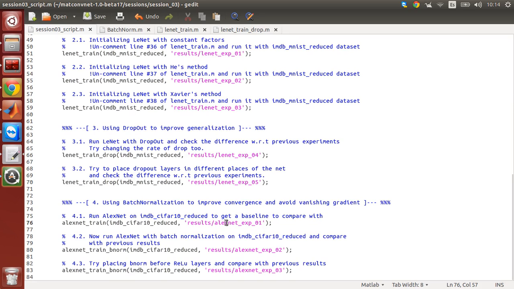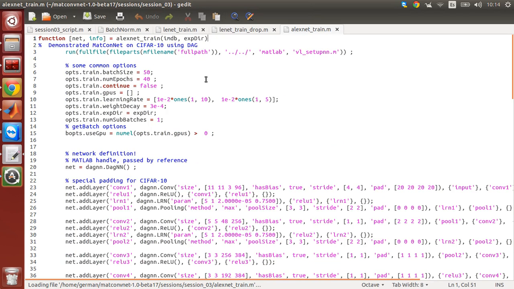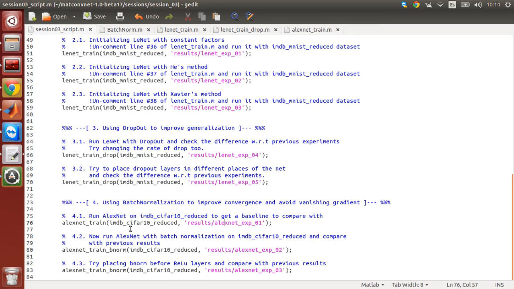So I'm going to see batch normalization for AlexNet in CIFAR10. So this is the basic AlexNet we have seen in past sessions. We're going to run it in the reduced CIFAR10 version.